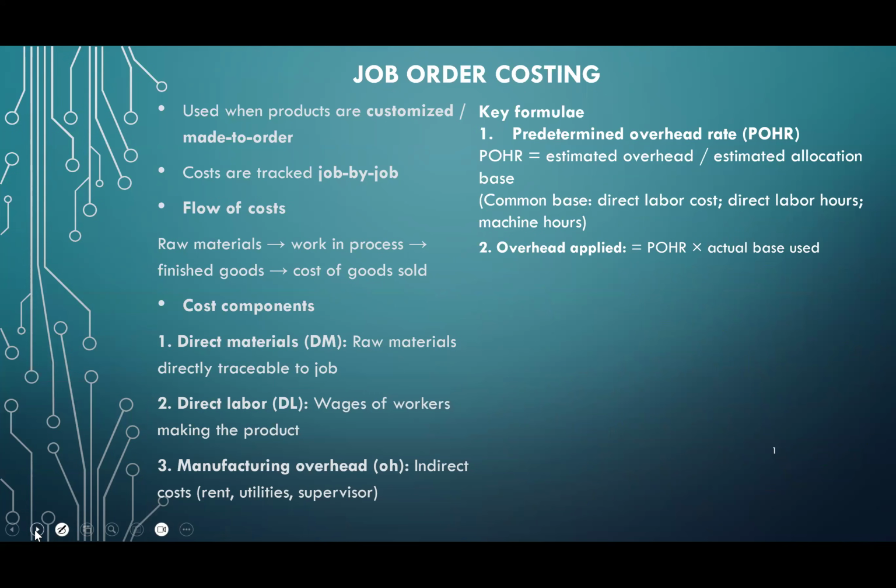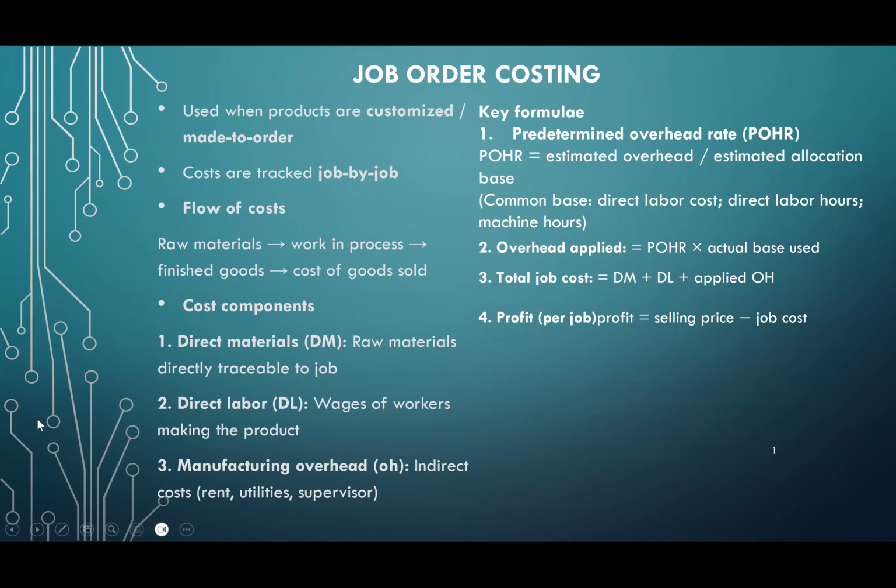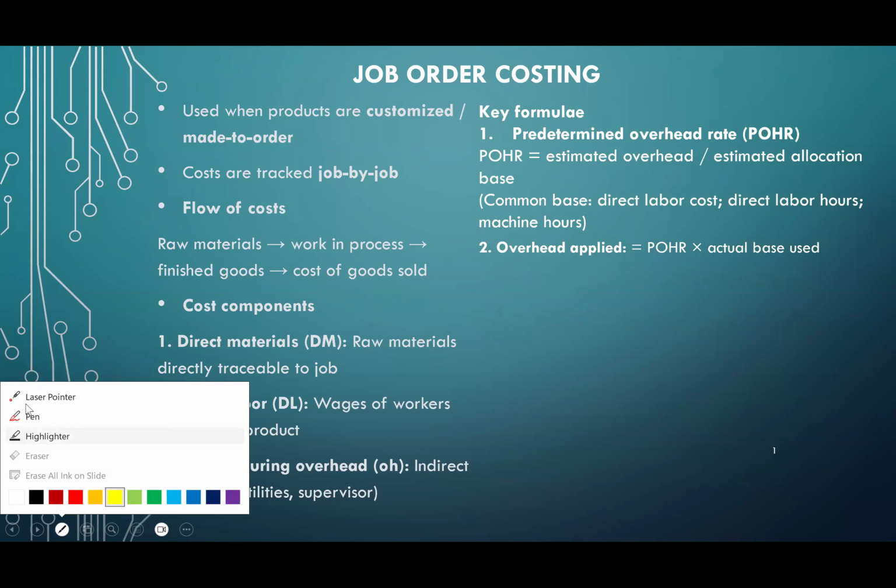The second step, as you can see, is overhead applied on the basis of whatever rate you calculated in step 1 and whatever is the actual you used. Third and fourth are basically telling you what I told you just now, how to figure out the total cost of a job.